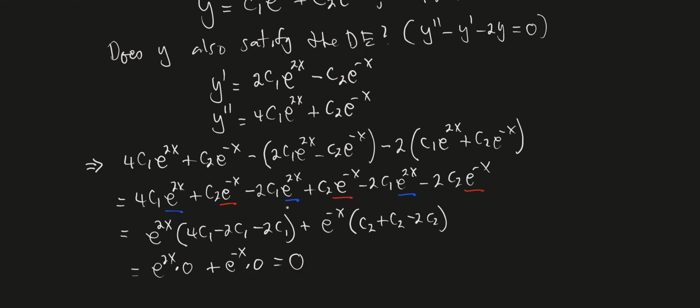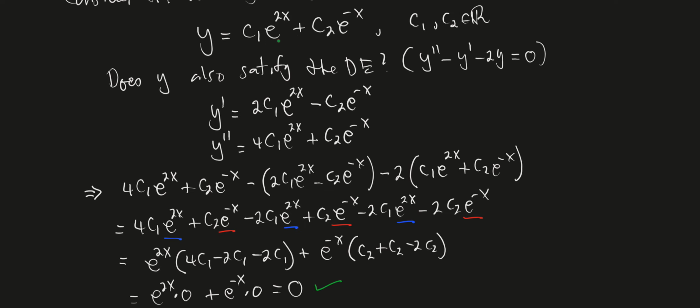This is pretty remarkable that we found two specific functions, our e to the 2x and e to the negative x. We found them separately by solving that quadratic equation, that auxiliary equation. And then we realized that separately they satisfied the DE.